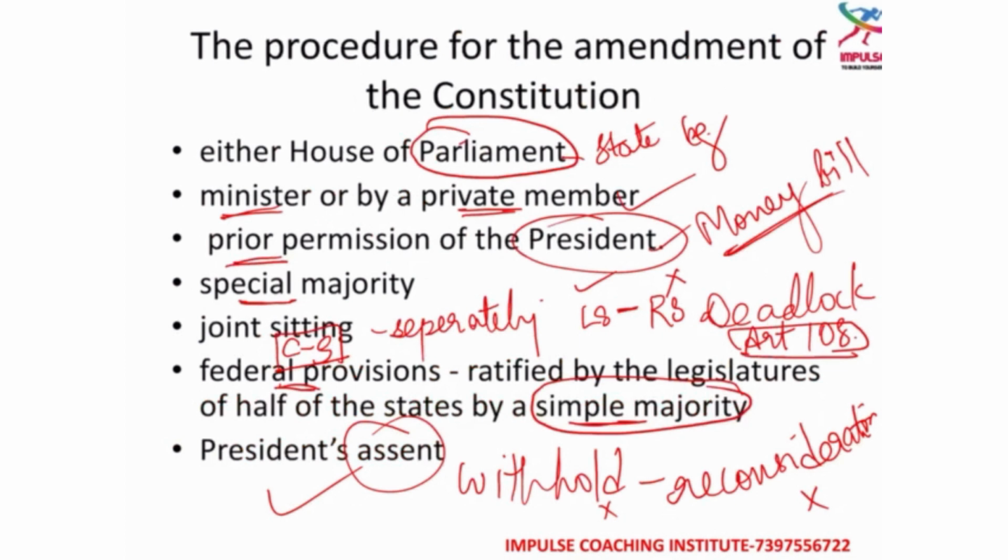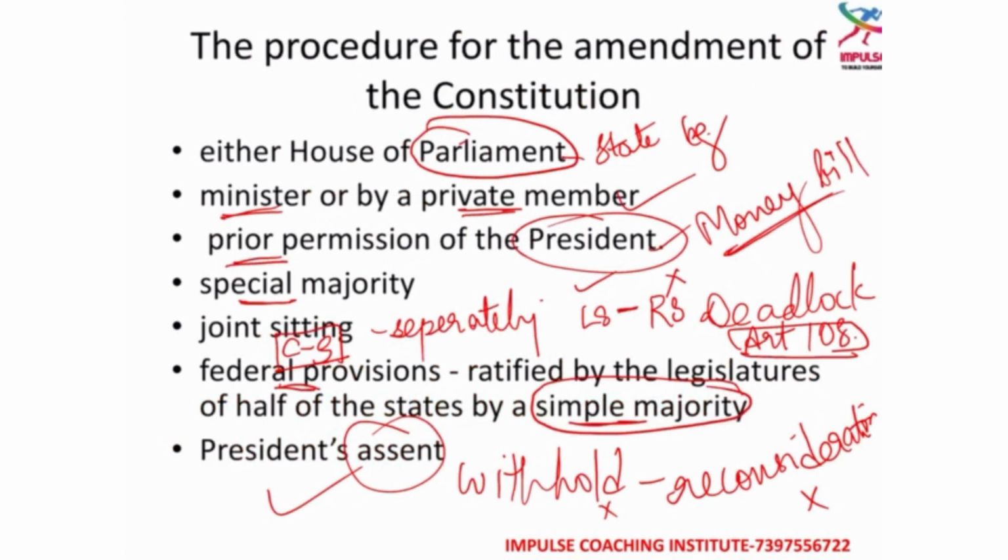This is the procedure. So just to give you a quick recap, the bill can be introduced in either house of the Parliament and not the state legislature. It can be introduced by a minister or a private member. The prior permission of the president is not required, unlike the money bill. And both the houses must pass the bill separately with a special majority.